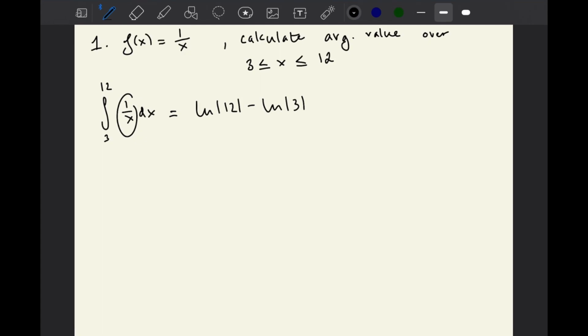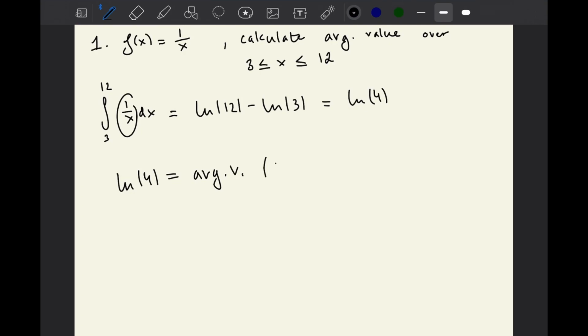Alright, so based on the properties of natural logarithms, this is basically just the first number divided by the second one, and this is going to equal the natural logarithm of 4. So our area over here is the natural logarithm of 4, and this is going to equal the average value times the interval.